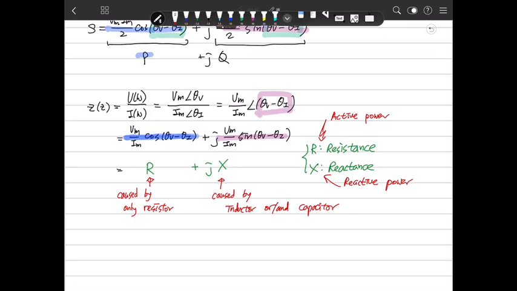Especially, we call theta V minus theta I the load angle.